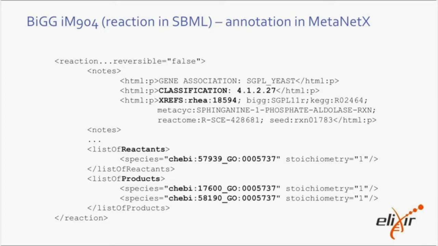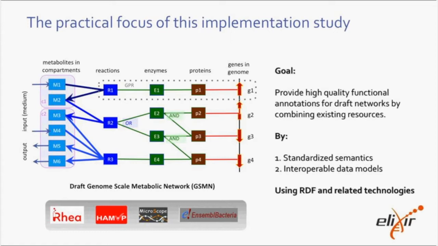What we'd really like to do in the future is to support the generation of better annotated models at source, help people to provide annotations in the models which facilitate their reuse by others. Okay. So we're really focusing on the generation of a draft genome scale metabolic network.